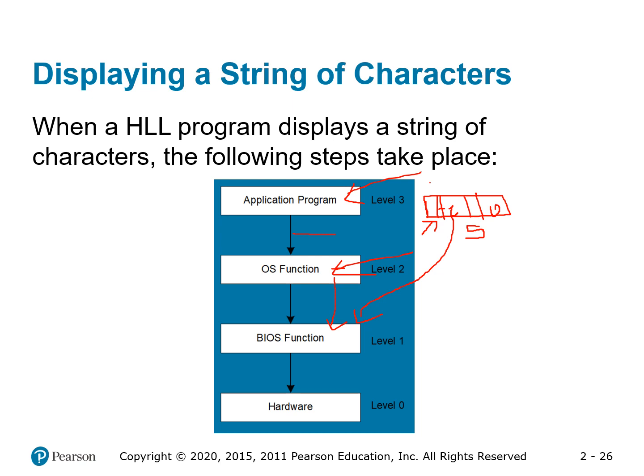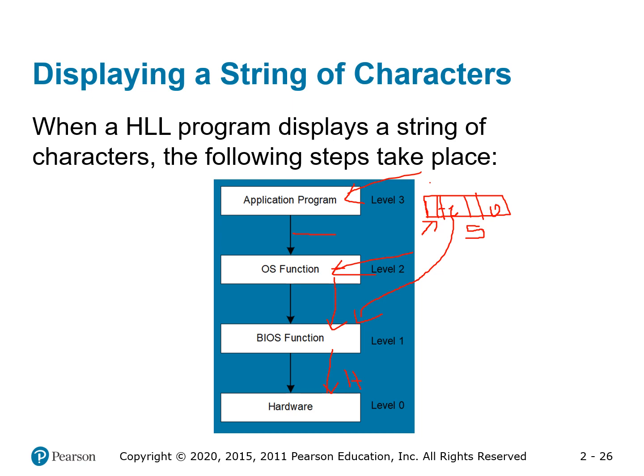And then the BIOS subroutine, level 1, receives a character. So from here, it's going to receive the character H as ASCII, it's going to map it to a particular system font and send the character to a hardware port attached to the video controller card.